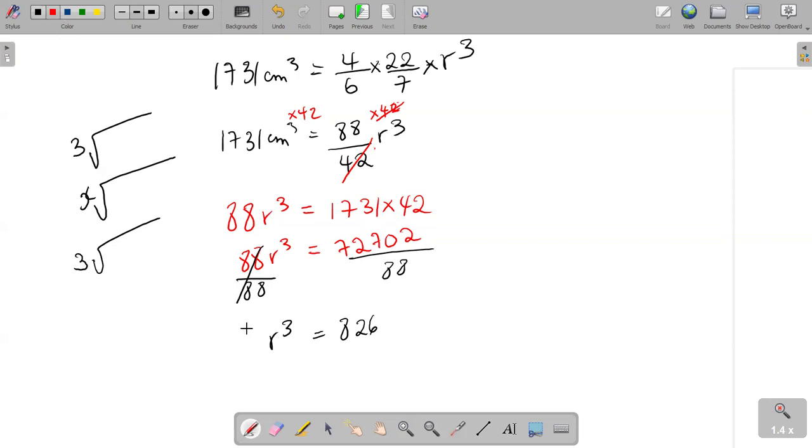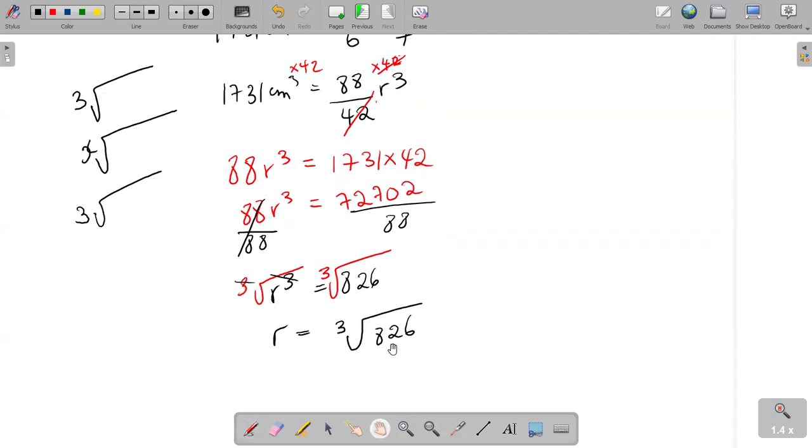So cube root, both sides. That's the only way to cancel a cube. So they cancel each other, and r is equal to the cube root of 826. Tell me what you get. Everybody, I need to see what your calculator is saying.